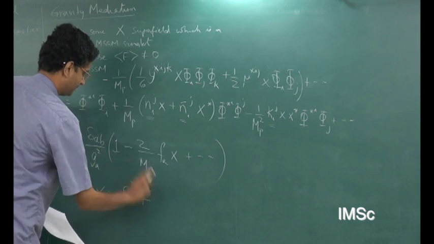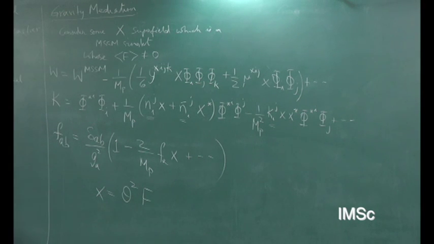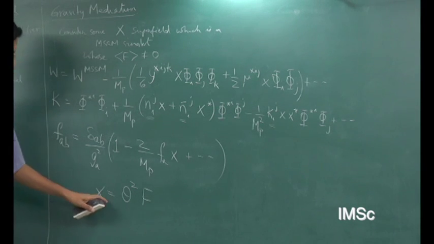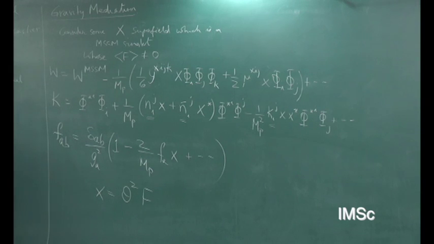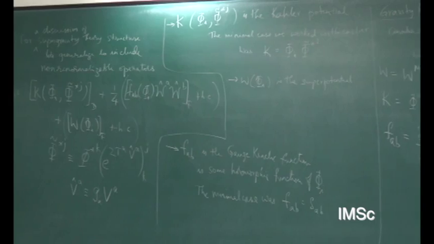So for what is relevant, you can just forget about the scalar component and the fermionic component, and just focus on the theta squared component, which has this F. So you can just set x is theta squared F, and then I've written down all of the functions that I need, and I've told you what x is, and then we just pick the D term and the F term of these things and write down the Lagrangian, right?